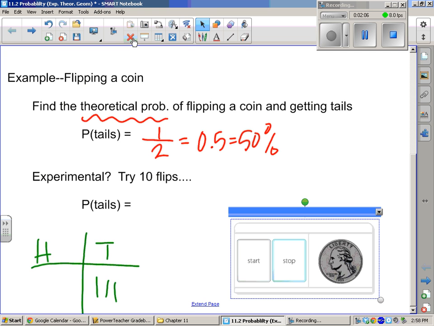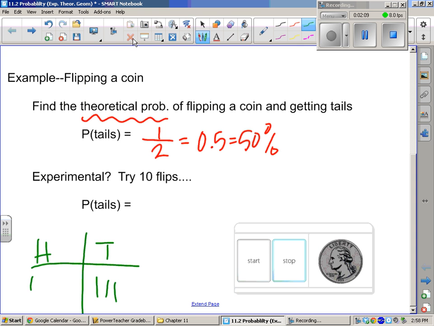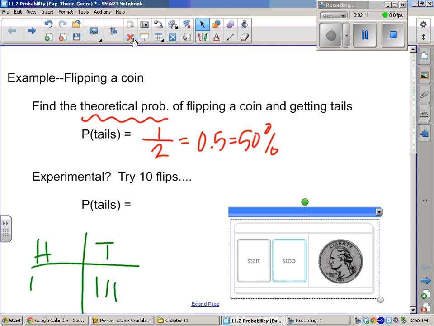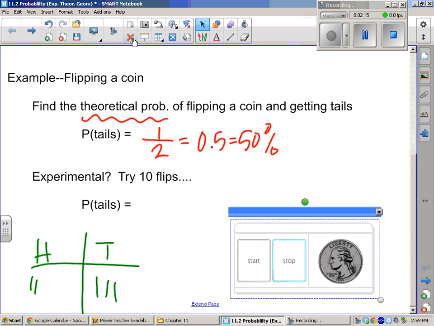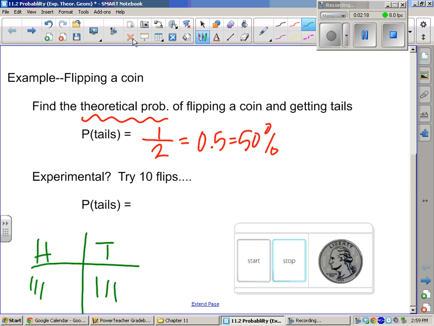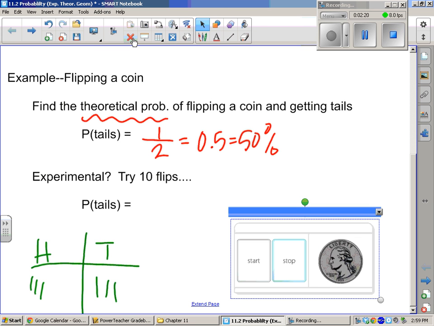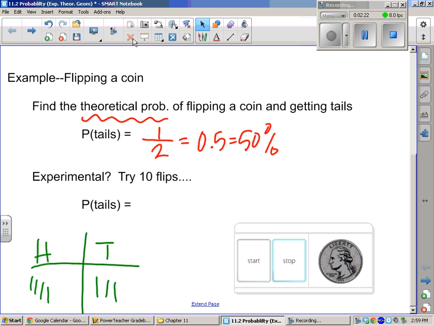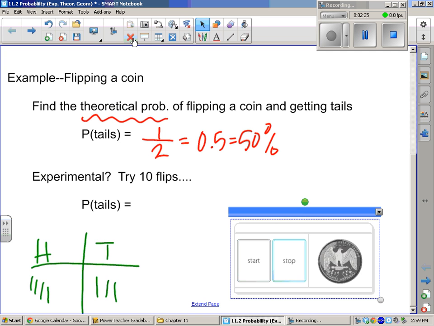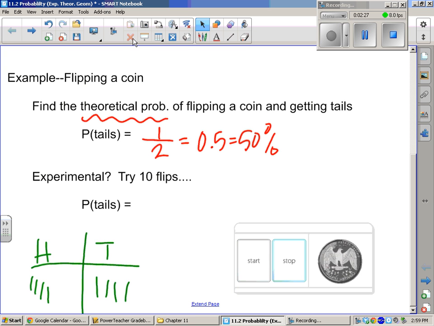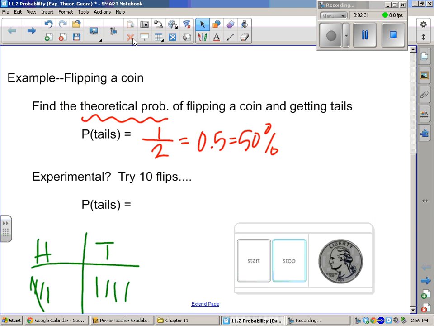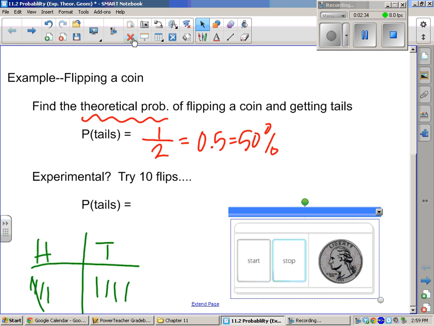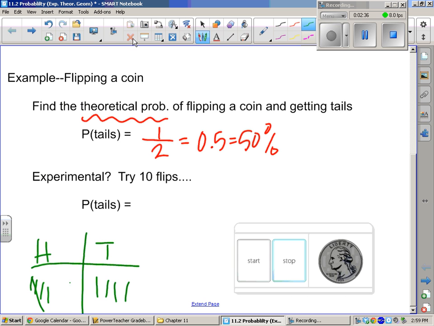Oh my goodness, it's getting closer to 50%. Oh, there it is, 50%. Start. Stop. Heads is coming out. Goodness gracious, could it be? Ready? Stop. Oh, heads.